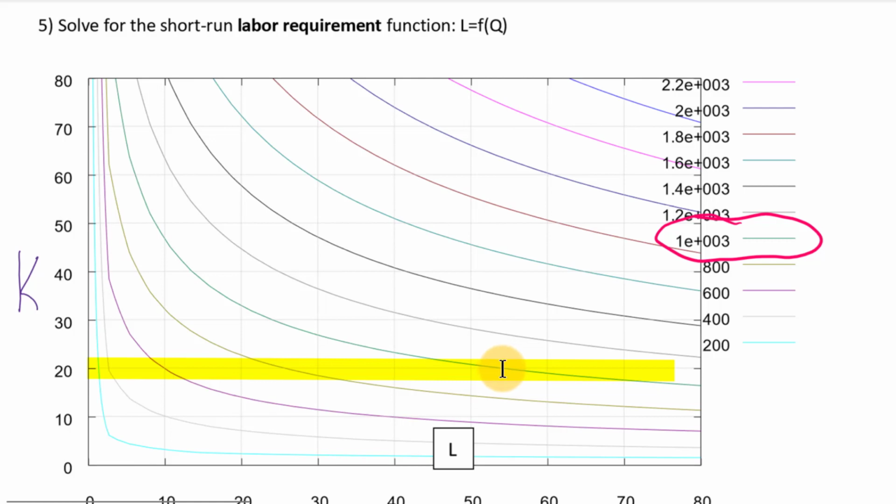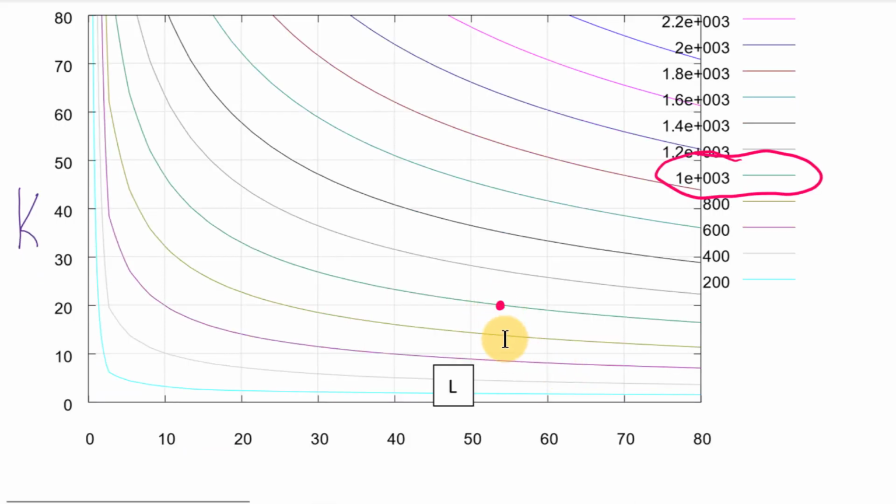How many workers do we need to produce 1,000 units of output? And that's going to be right around here. So looking at our graph, it appears that that would be 53 or 54 workers perhaps.